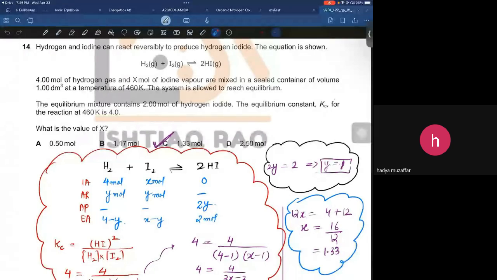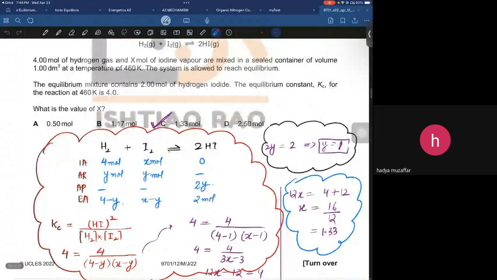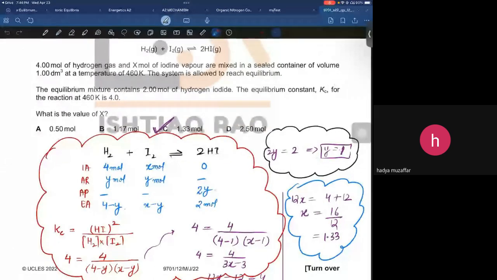So first of all, this is your equation: H2 plus I2 gives 2HI. And this is initial amount, amount reacted, amount produced, equilibrium amount.